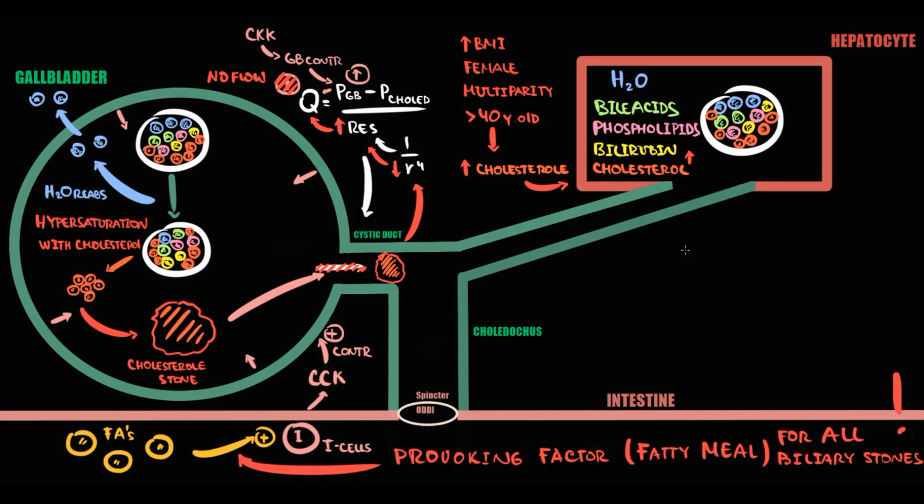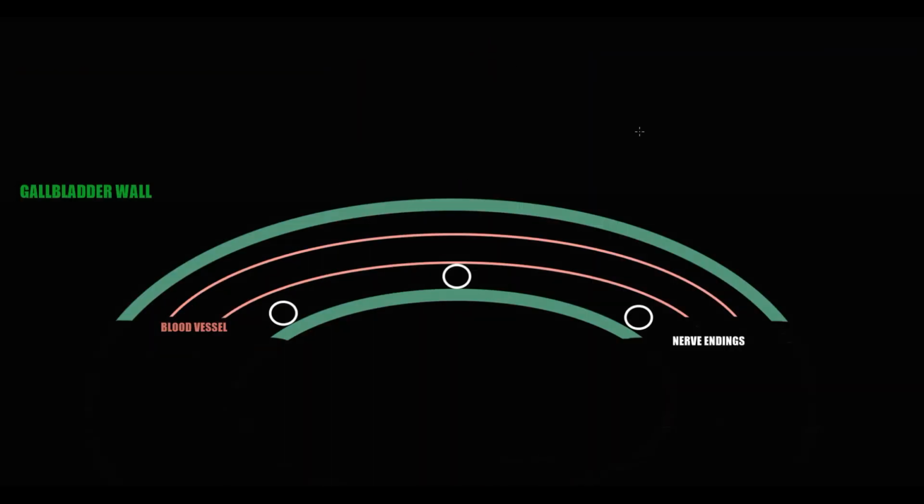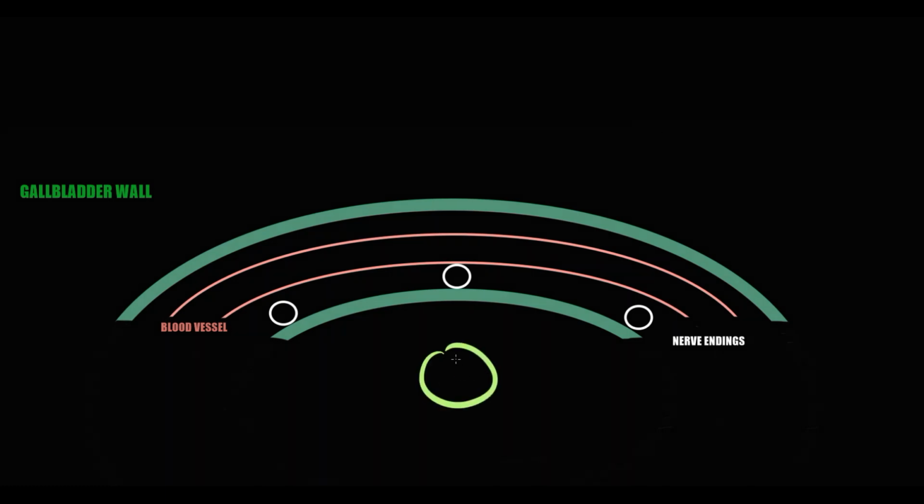The problem here is that contraction of the fully filled gallbladder against a fully obstructed cystic duct creates enormous pressure inside the gallbladder, and such high pressure causes major clinical symptoms. To explain this, here we have a gallbladder. Inside the gallbladder wall we have an intramural blood vessel that delivers blood to the cells, and the gallbladder wall also has nerve endings.